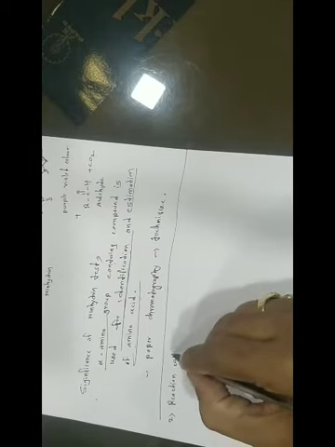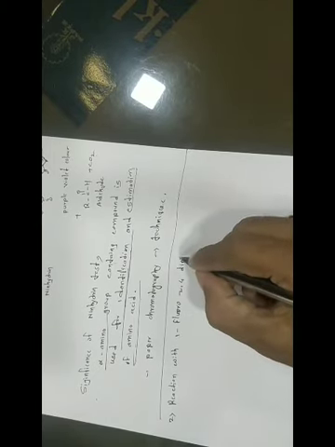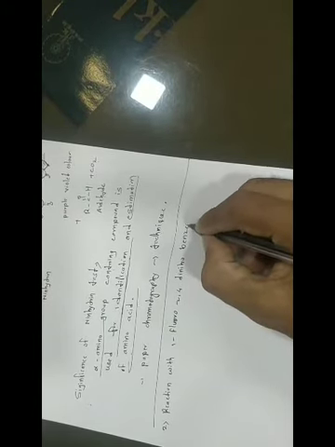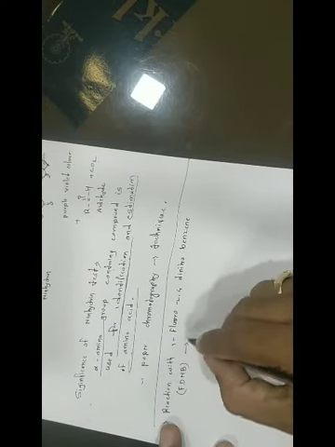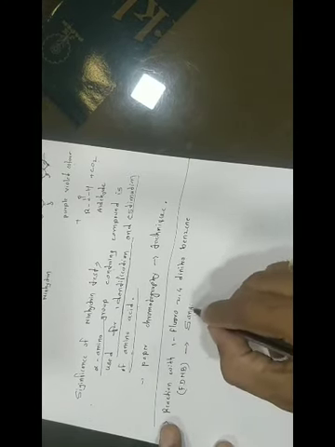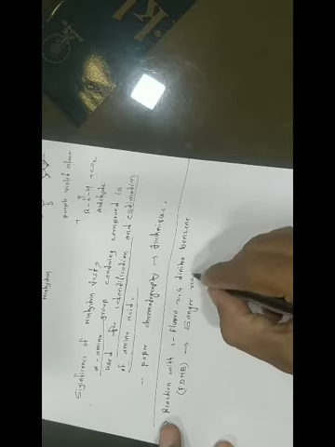The reaction with 1-fluoro-2,4-dinitrobenzene, FDNB for short, is also called the Sanger reagent.